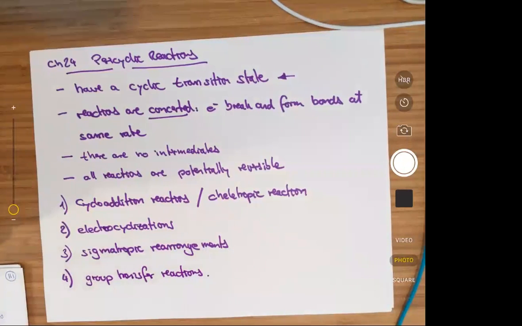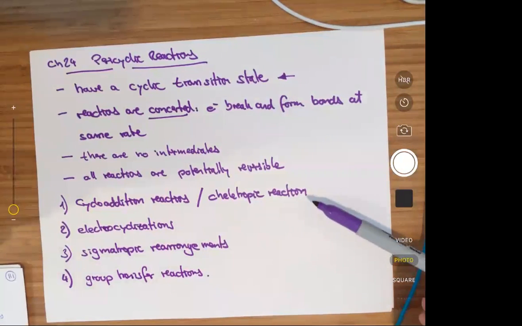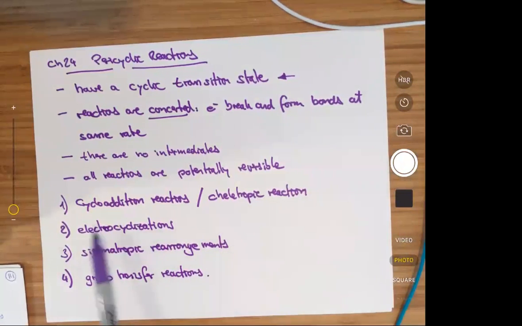All right, so this is basically the very broad overview of what we are going to cover over more or less the next 5 lectures. They are all pericyclic reactions, and we put them into subcategories: the cycloaddition reactions and cheletropic reactions, the electrocyclizations, the sigmatropic rearrangements, and the group transfer reactions.